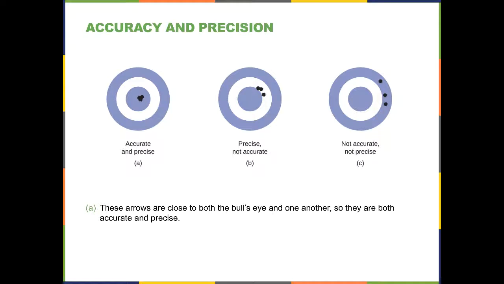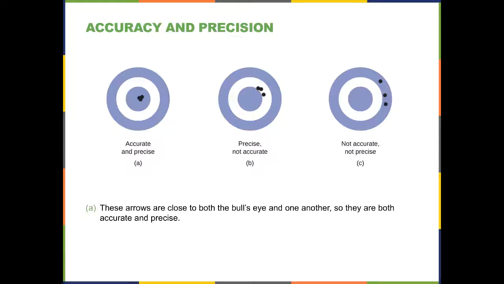Well, A shows something that's both accurate and precise. An accurate and precise measurement, or an accurate and precise estimate, or an accurate and precise anything, are both accurate in that they're close to the correct answer, or the true answer, and they're precise in that they're close to each other on the scale.